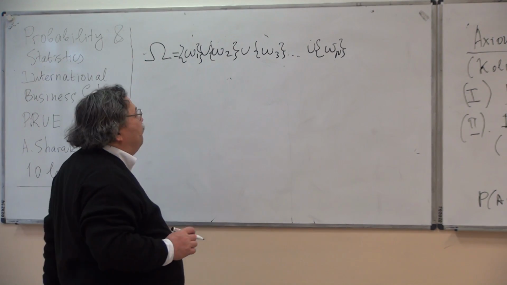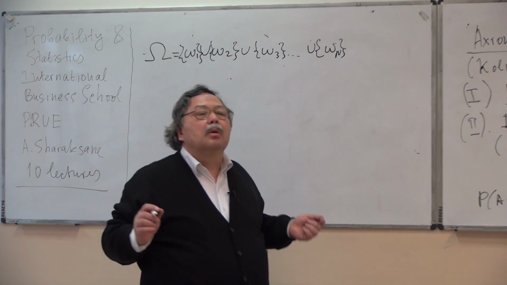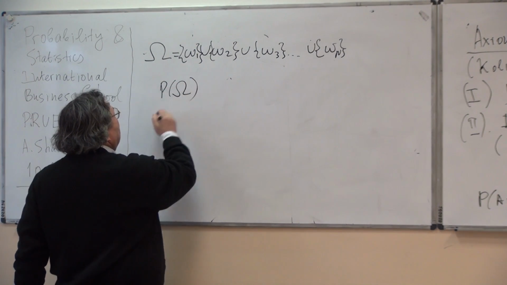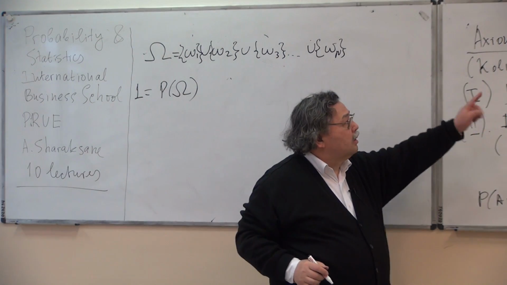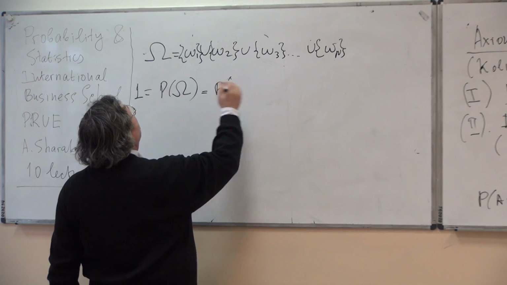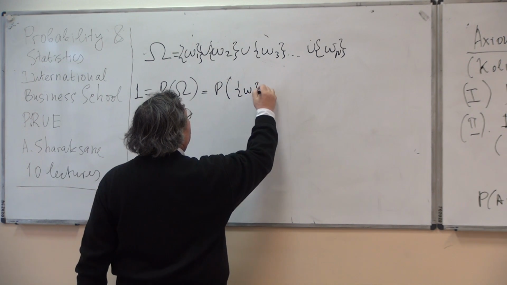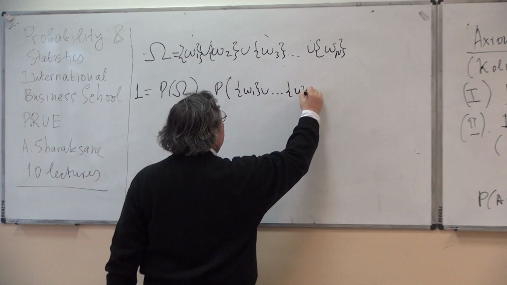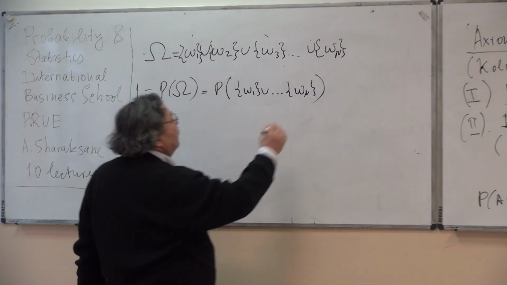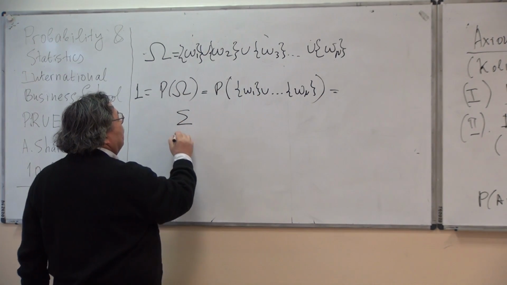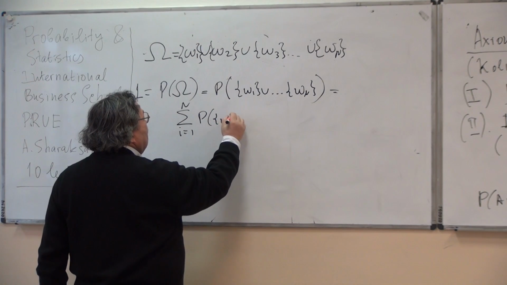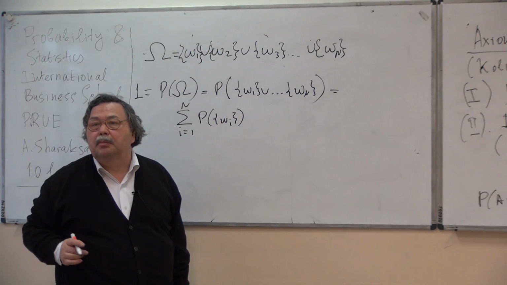And the next step is this. All these outcomes are mutually exclusive. Outcomes always are, by definition, mutually exclusive. So the probability of omega, which is by axiom 3 equal to 1, must be equal to the probability of this union, omega 1 through omega N capital, like this. Okay? And because they are mutually exclusive, it must be the sum of the individual separate probabilities.